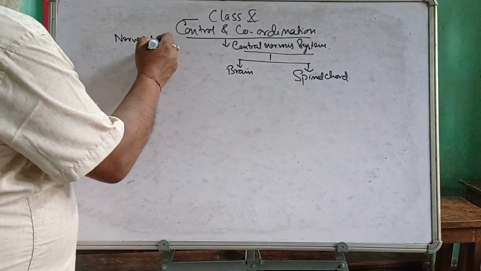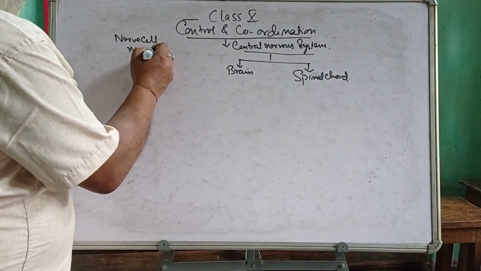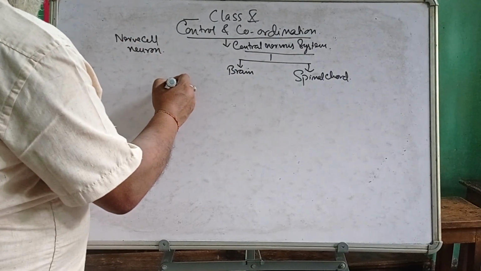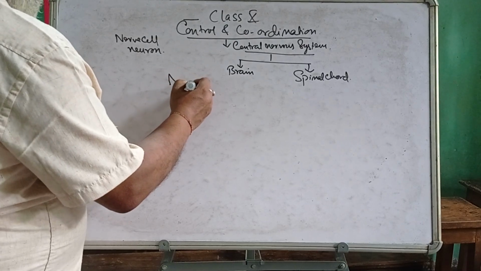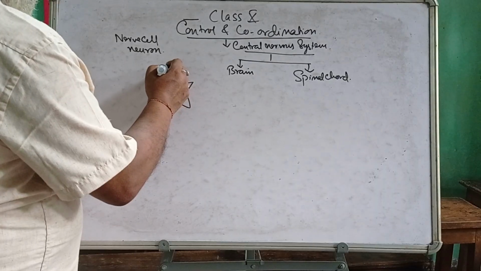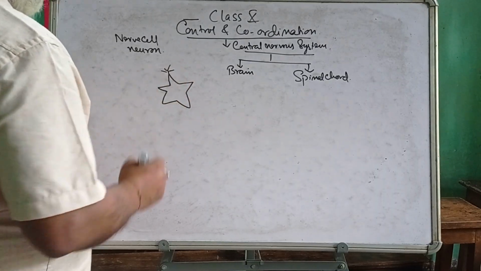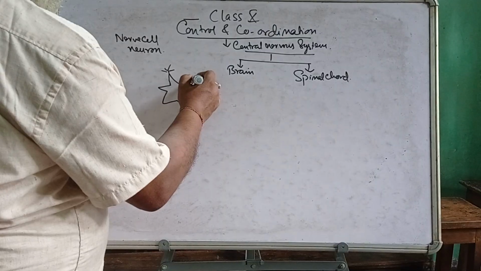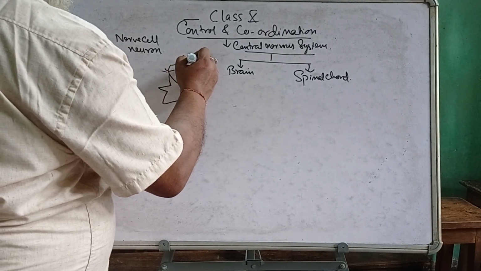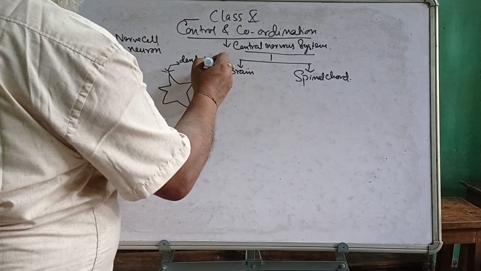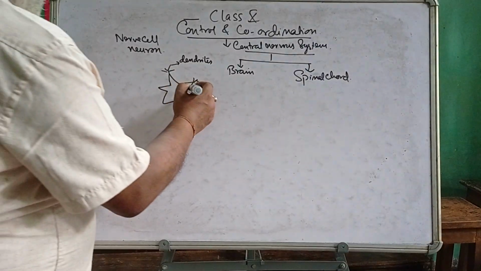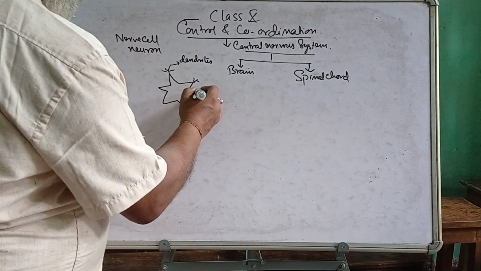Nerve cell, that is a neuron. Its structure is somewhat like this: a star-type cell body with dendrites. These are the dendrites which receive the message.